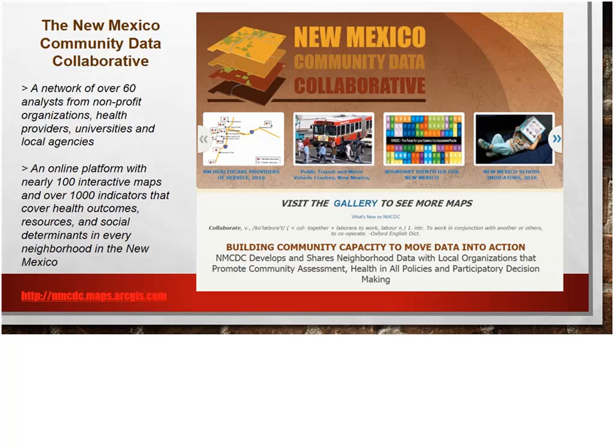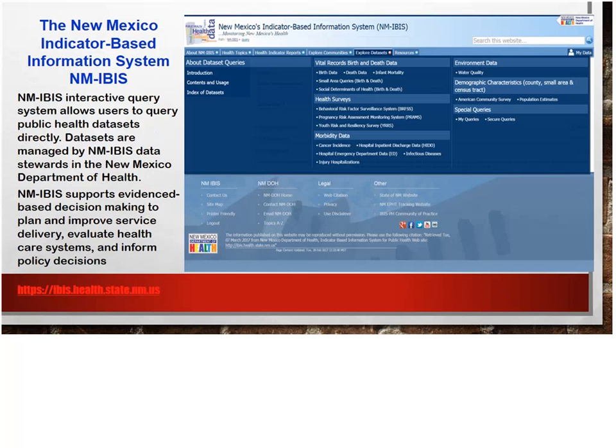And in New Mexico, we're also fortunate enough to have a Department of Health run indicator-based information system, which we refer to as NMIBIS. And this has been a very important development for our state over the last 10 or more years.